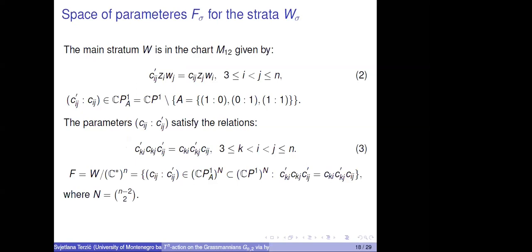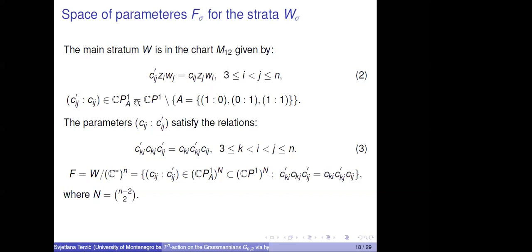If we consider the chart M_{12}, it means that the 2 times 2 first minor is non-zero, and we consider the local coordinates in this chart. Then the main stratum can be described by this family of equations, where the parameters Z_{ij}' belong to CP^1 minus these 3 points.